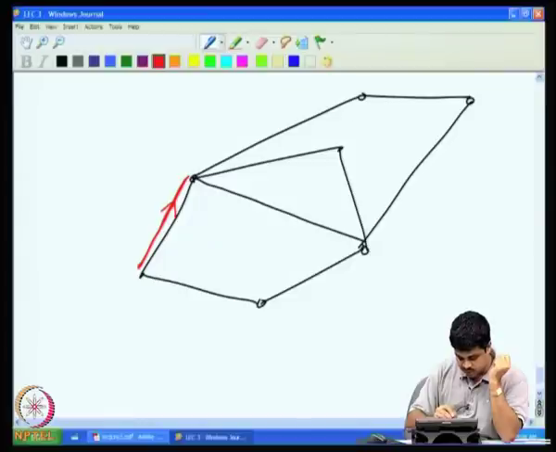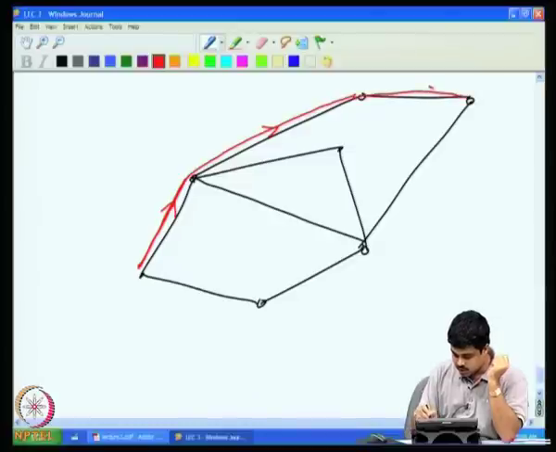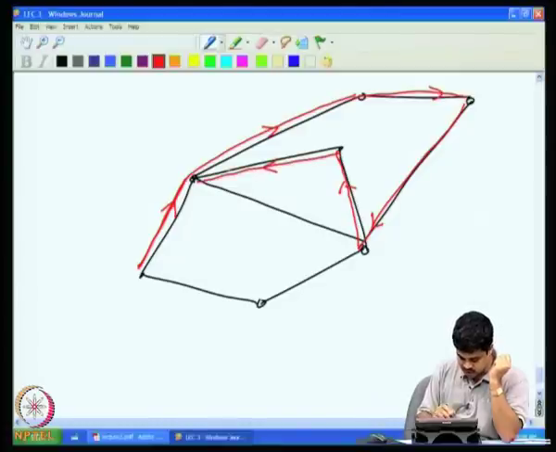I will first give direction to this like this, and then to this, and then to this like this, and then this is the way I am traversing. In whichever direction I am traversing, I also direct the edges as it is covered, because it is only going to be covered once.